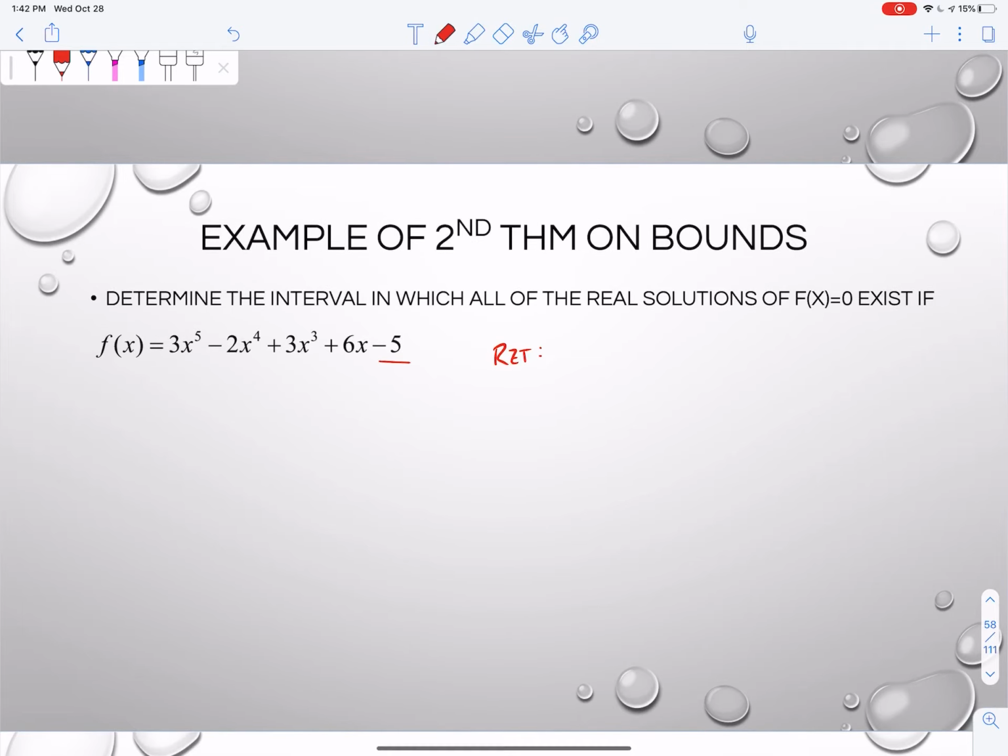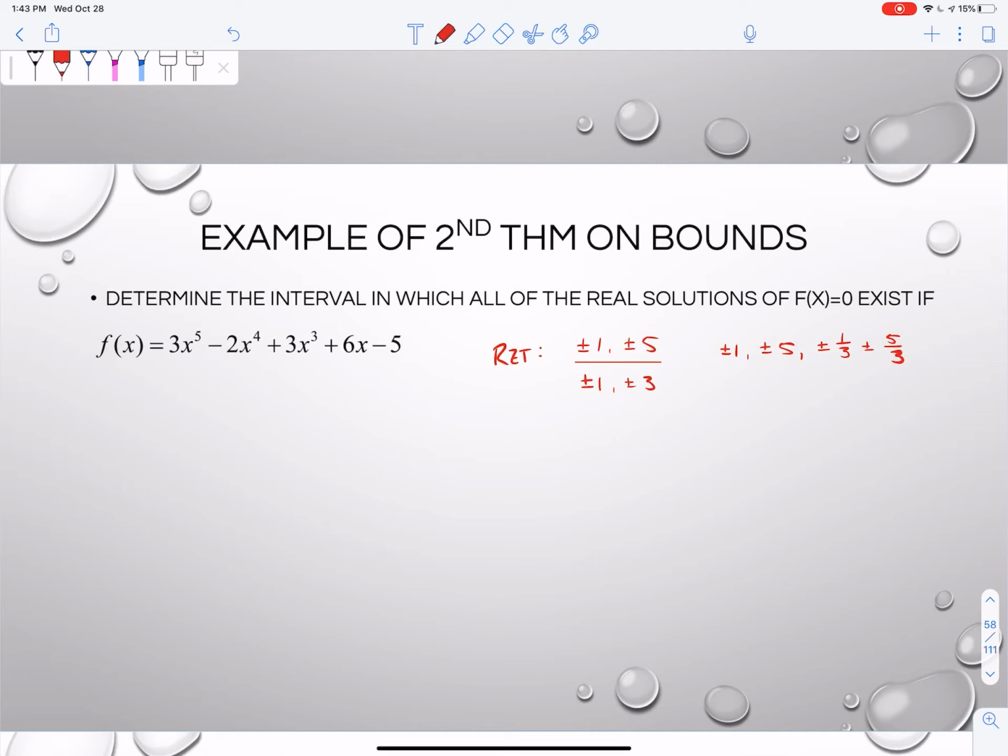Factors of my constant are plus and minus 1 and 5 in this case because it is a prime number. And factors of my leading coefficient are going to be 1 and 3. Because I have multiple different possibilities for my denominator, I must come up with my list. My list then is going to be plus and minus 1, 5, 1/3, and 5/3.